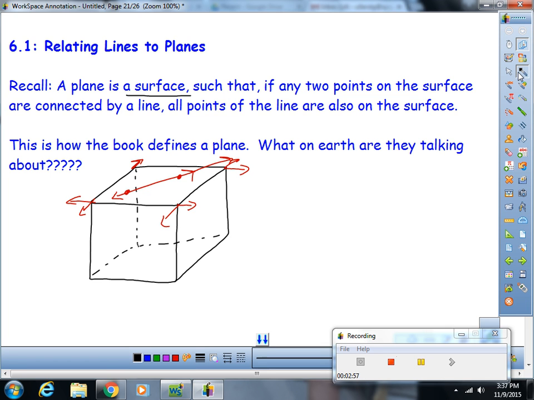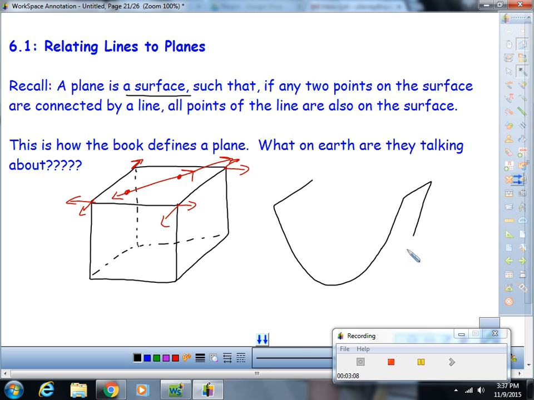Let's draw a half pipe. So here, you'd see the back part. That would kind of go like this. And this. Okay, that's a little better. Imagine this surface here, a half pipe.